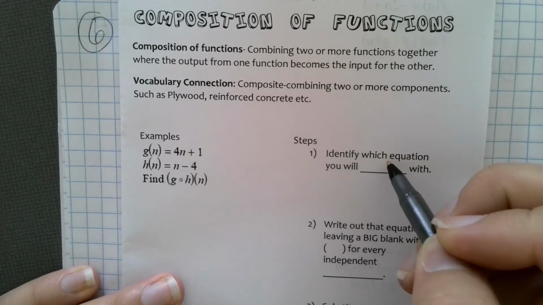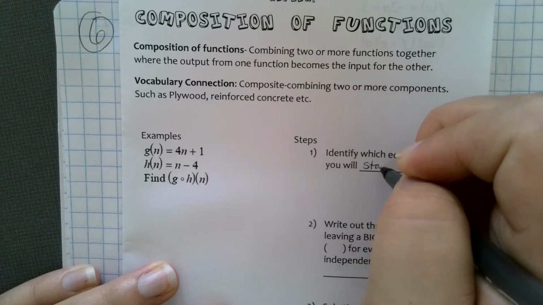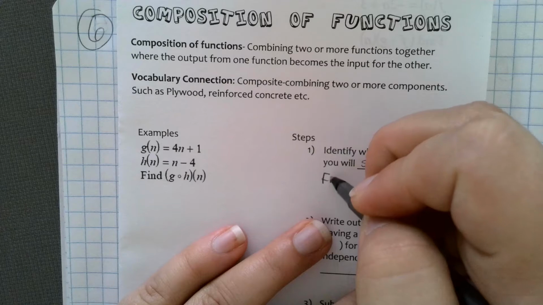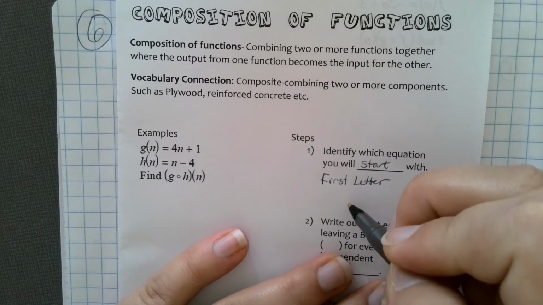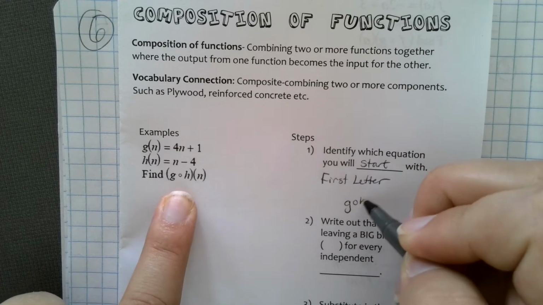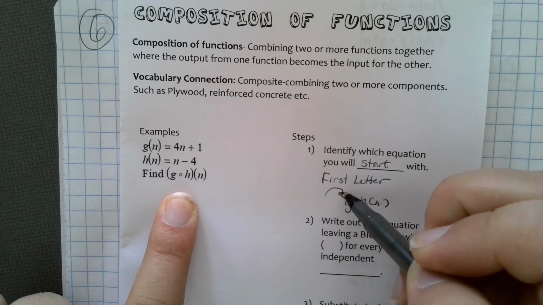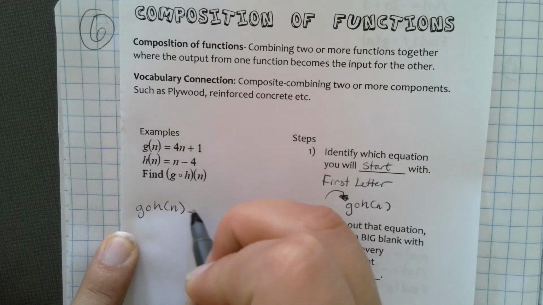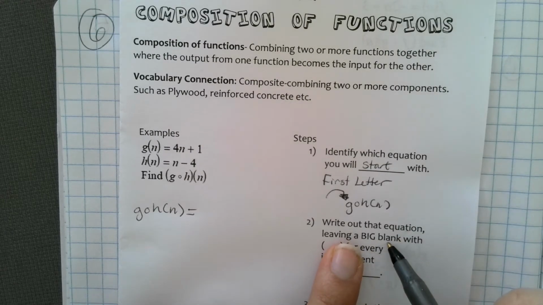The first thing you're going to do is identify which equation you're going to start with. Hint, it's always going to be your first letter. So in this case, we have G of H. What's my first letter? The G is the equation I'm going to start with. I'm going to write out that equation, leaving a big what?